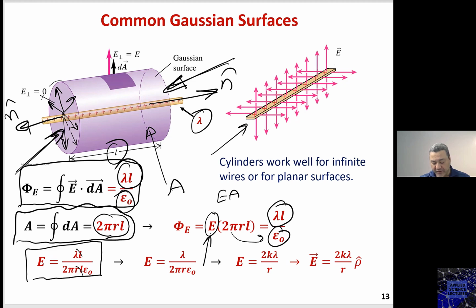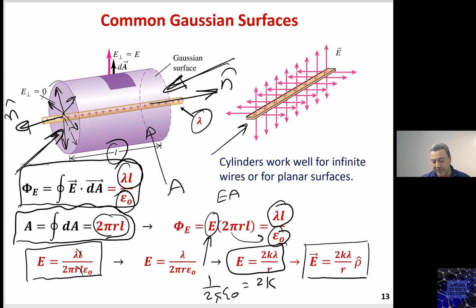Then you substitute 1 over 2 pi epsilon naught, which equals 2k. This is the expression for the infinite line of charge that we have seen earlier. Or if you want to include the radial unit vector in polar coordinates as rho hat, then the electric field would be 2k lambda over r rho hat. So this is how we can calculate the electric field.